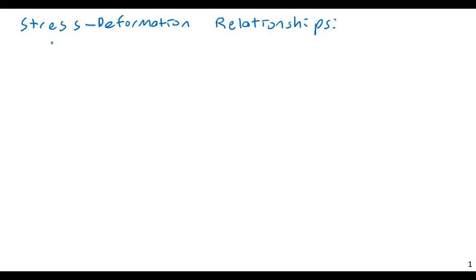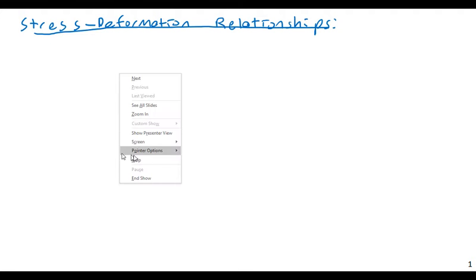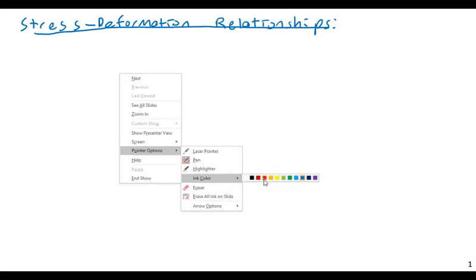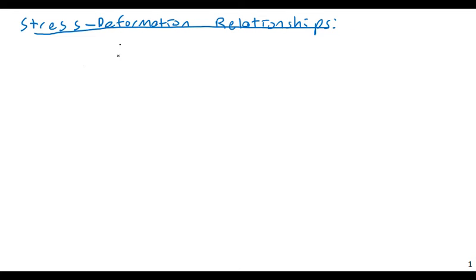Stress-deformation relationships. All right, so for incompressible fluids, we have a stress relationship like this. So, consider an element inside a fluid.